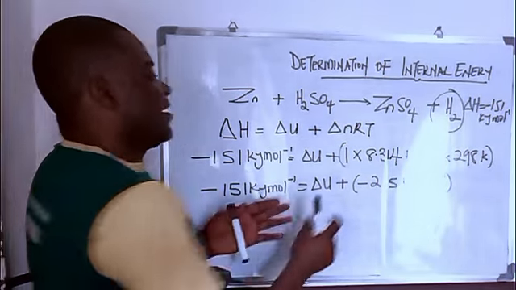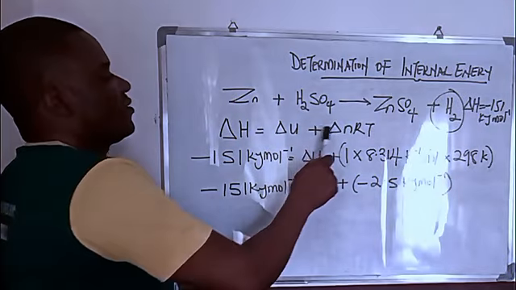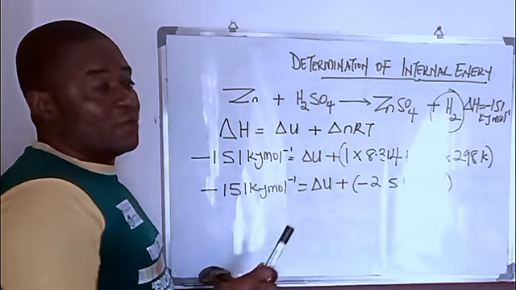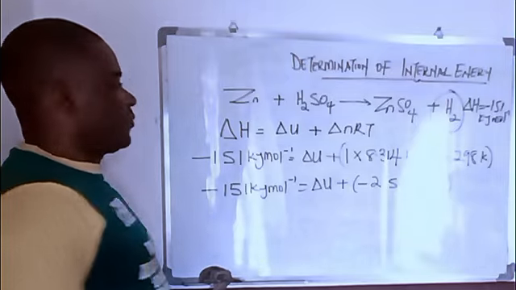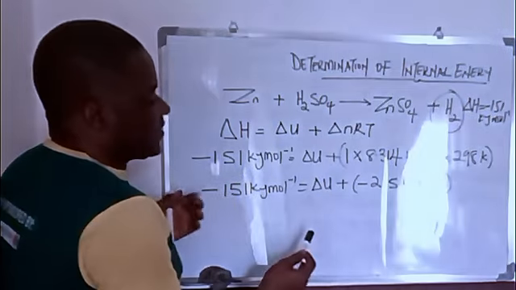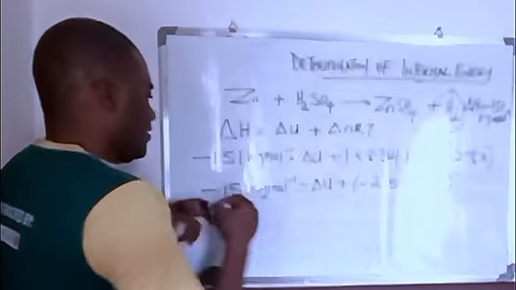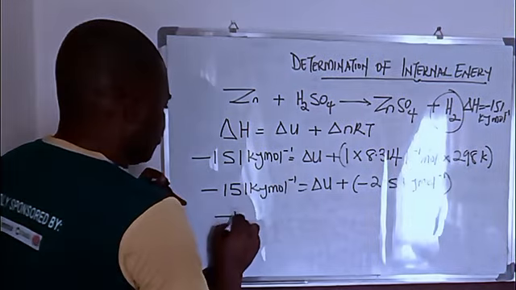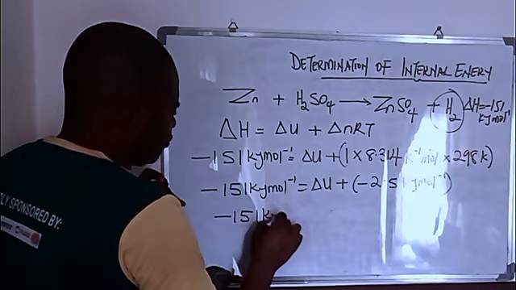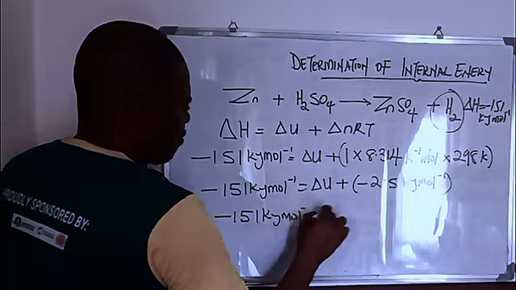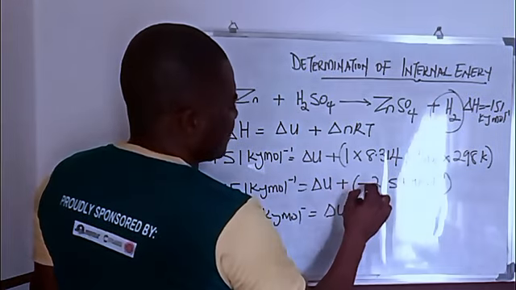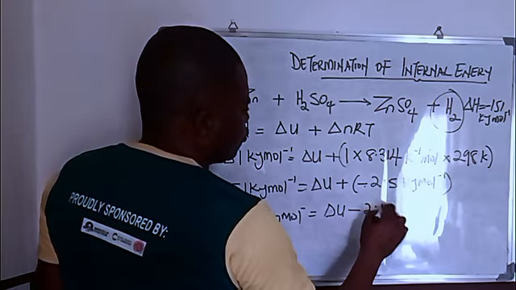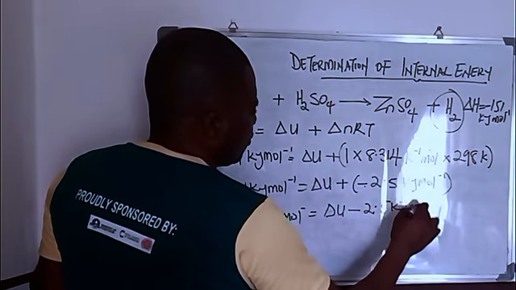Now this you have obtained for change in n, the number of moles, with respect to the gas constant and the standard temperature. So you can now easily sort this out. Now this will still give you minus 151 kilojoule per mole equals the change in internal energy, this times this will give you minus 2.5 kilojoule per mole.